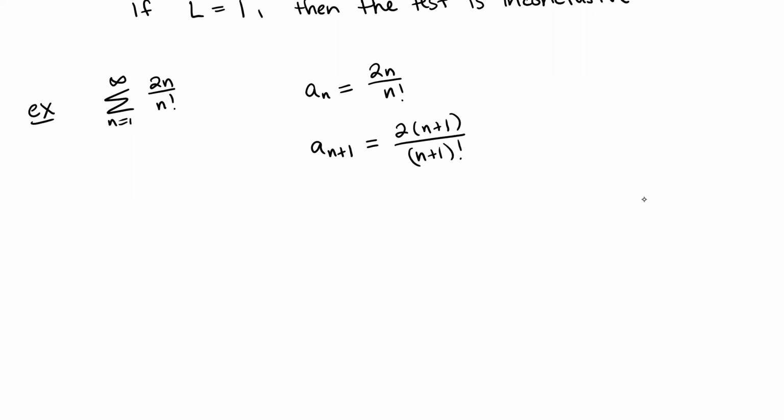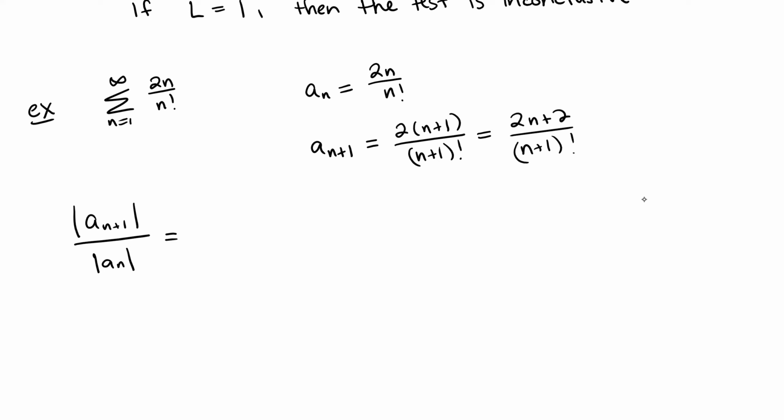Now, what we need to do is find a_(n+1) over a_n, in absolute value. So let's go ahead and copy these things over. So we have, let's write this one as 2 times 2^n, and then we have n plus 1 factorial.